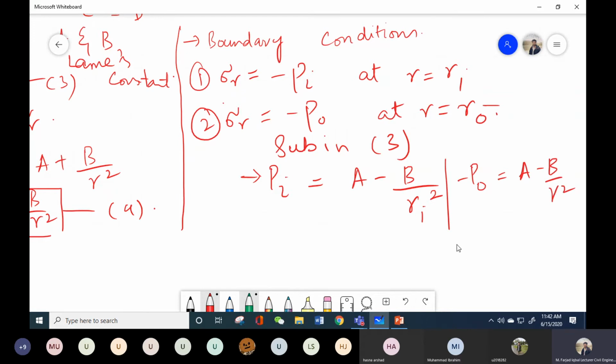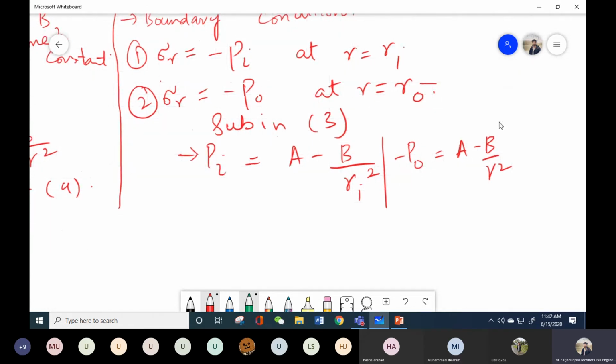Now I have two equations and two unknowns. The radii and pressures will be known, so the unknowns are a and b. If I figure out the values of these two constants, it would be very convenient to calculate the radial and hoop stresses.